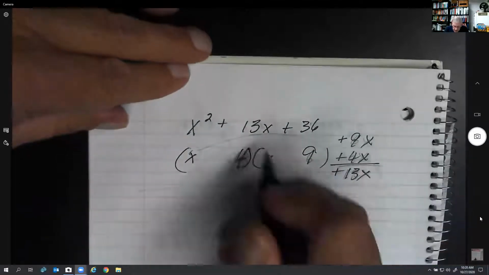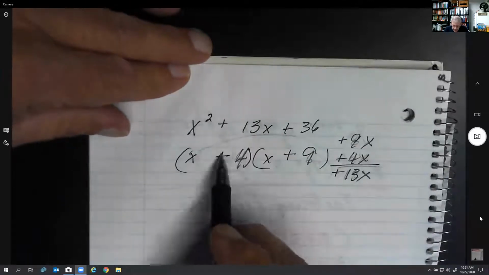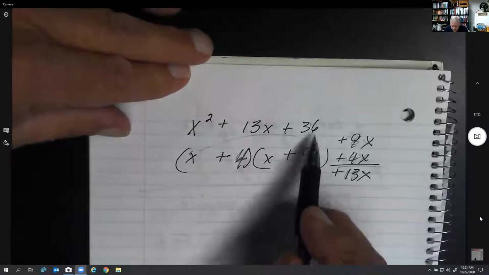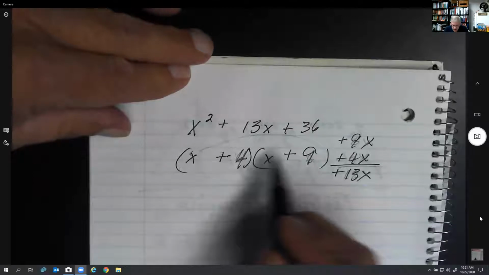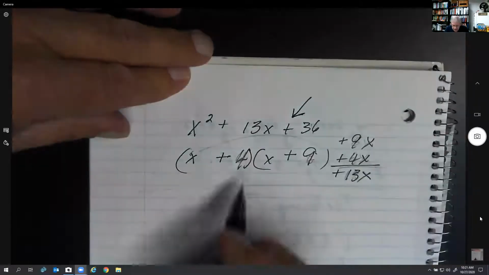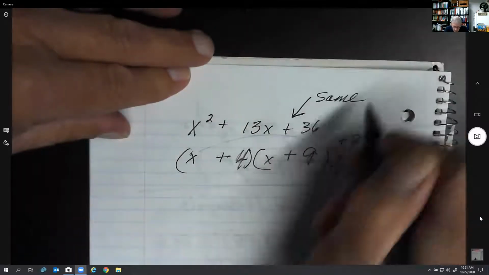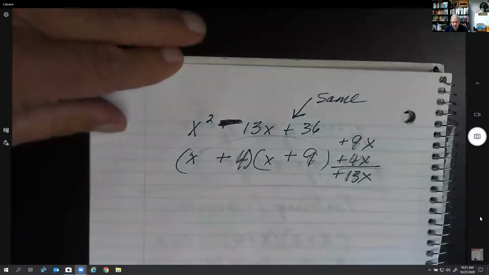You see? So these two look like that would work. We double check it by multiplying. Positive 4 times positive 9 is positive 36. So if this last term is a plus sign, that means both of these signs are going to be the same. Now, what if this was, instead of a positive, a negative right there?